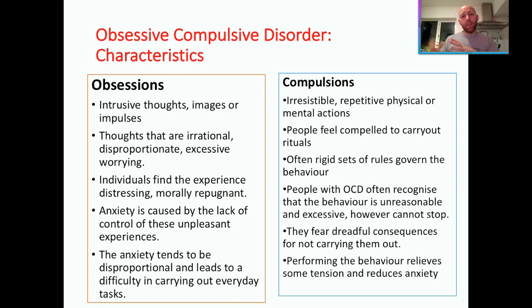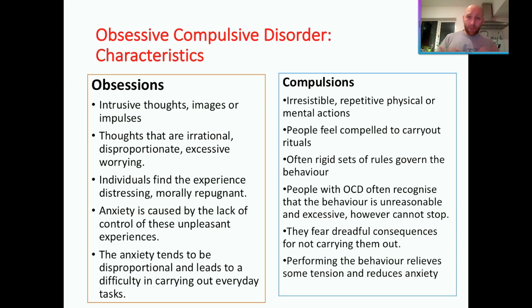And often they fear dreadful consequences if they don't go through with the compulsion. These are irrational and disconnected from the particular activity, but they may be such as, if I walk over cracks, my sister will die, so I have to avoid cracks. We know it's irrational, they know often it's irrational, but if you have that thought in your head, it's difficult to avoid it.